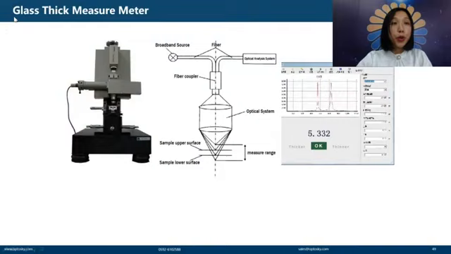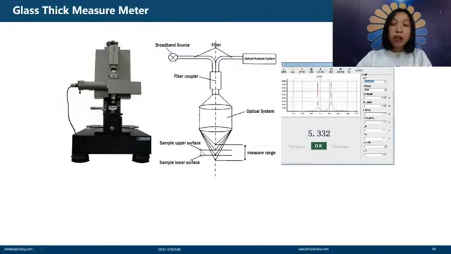And also people use a spectrometer to measure glass thickness. Firstly, we have the broadband source coming down this way, and different wavelengths will shoot on this point, and we put the glass here, and the upper surface and the lower surface will generate a strong reflectance, so it will have a sharp peak.